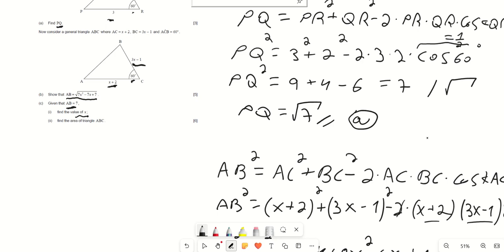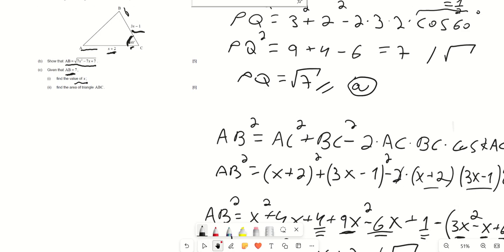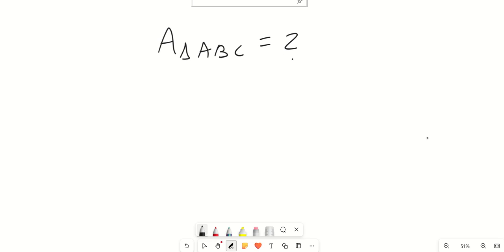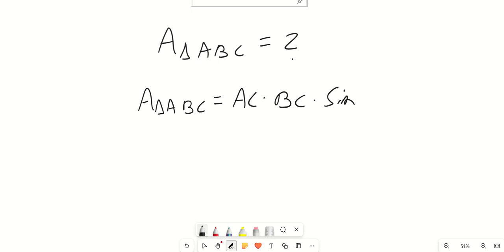So it's going to be the length of AC times the length of BC times sine of the angle between those two sides, divided by 2. So the area of triangle ABC is AC times BC times the sine of the angle BCA divided by 2. And now we can put numbers.